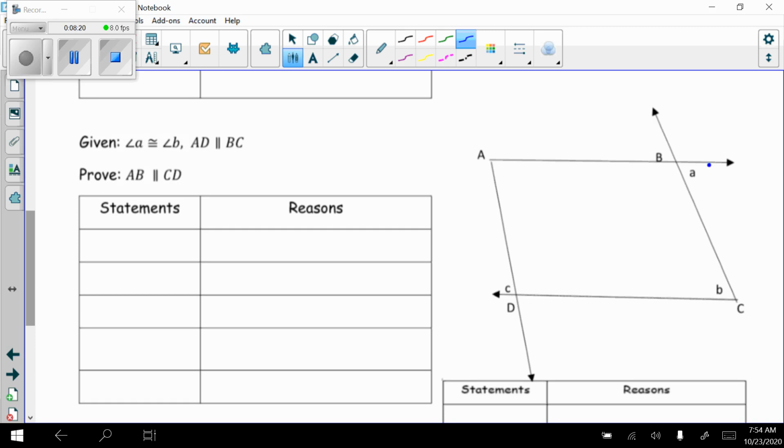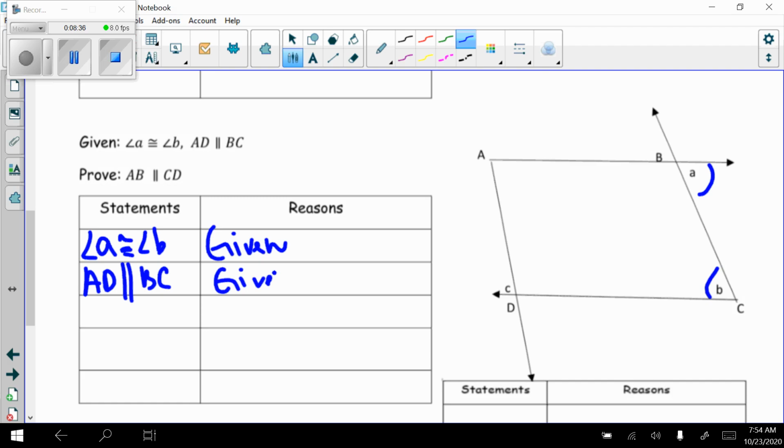Given, they tell me that angle A is congruent to angle B, given. And then they also tell me AD parallel to BC, given.